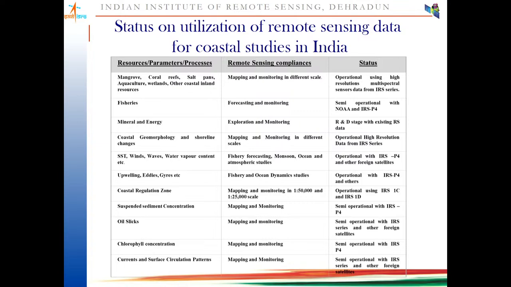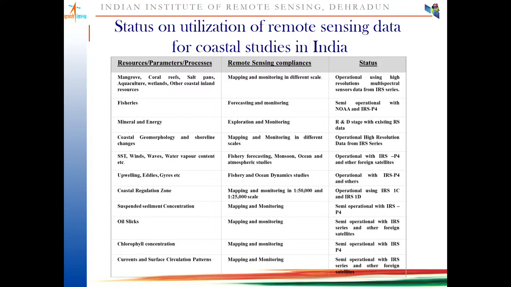Now, if you see the status of utilization of remote sensing data for coastal studies, I have summarized it in a table. On the left-hand side are the parameters I am going to retrieve, in the middle the remote sensing capabilities, and then the present status, where you stand.